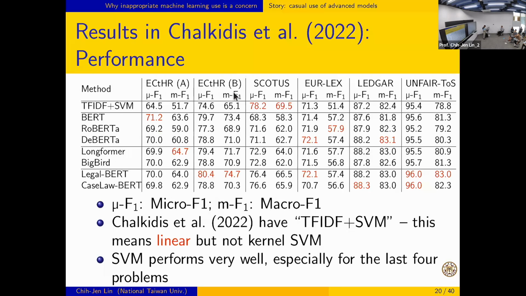For the second one, SVM gets 74.6, then the best is 80. We also see that BERT variants are similar, and there's a gap. But anyway, we can see that for the last 4 data sets, this SVM performs pretty well. Okay, so now this is the table from their paper. It shows lots of important information.